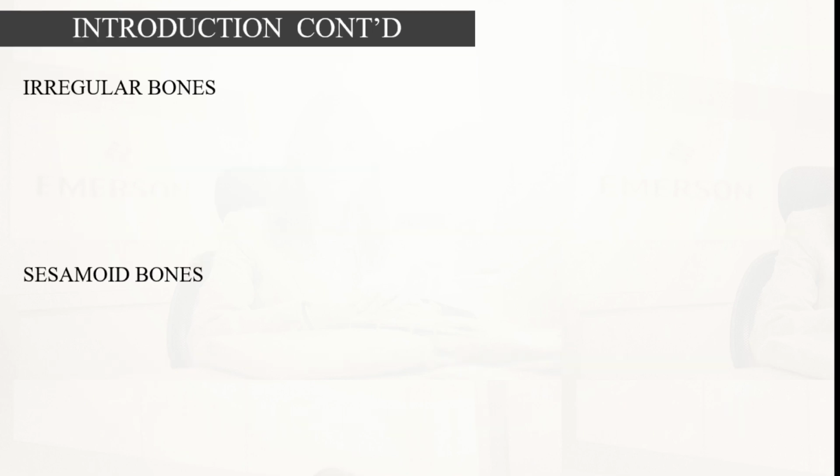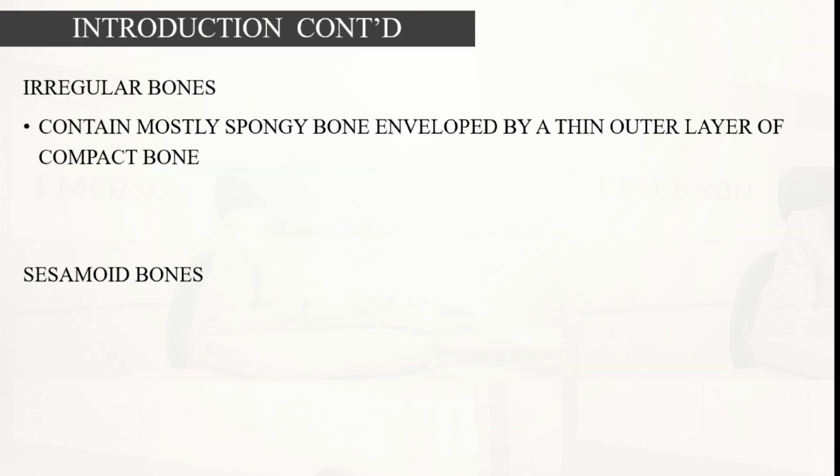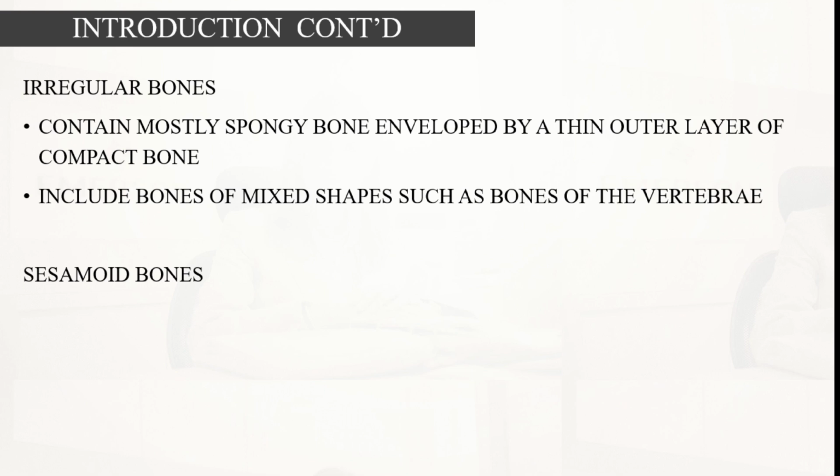The other types we mentioned, starting with the irregular bones, contain mostly spongy bone enveloped by a thin outer layer of compact bone, and include bones of mixed shapes such as the bones of the vertebra.